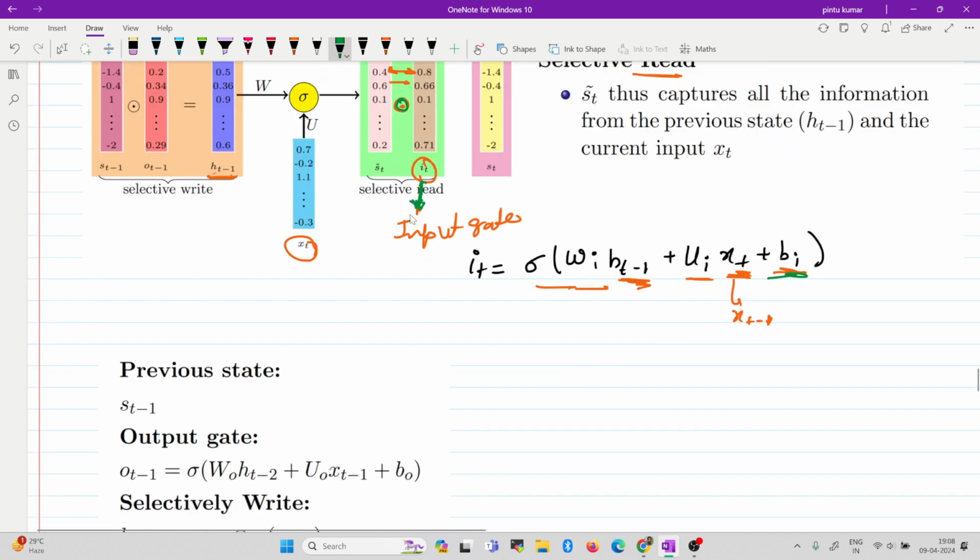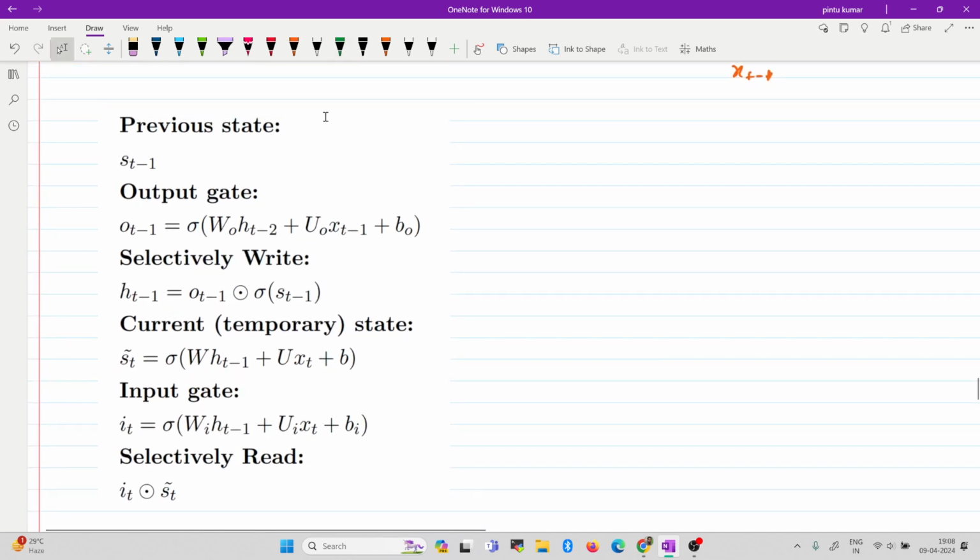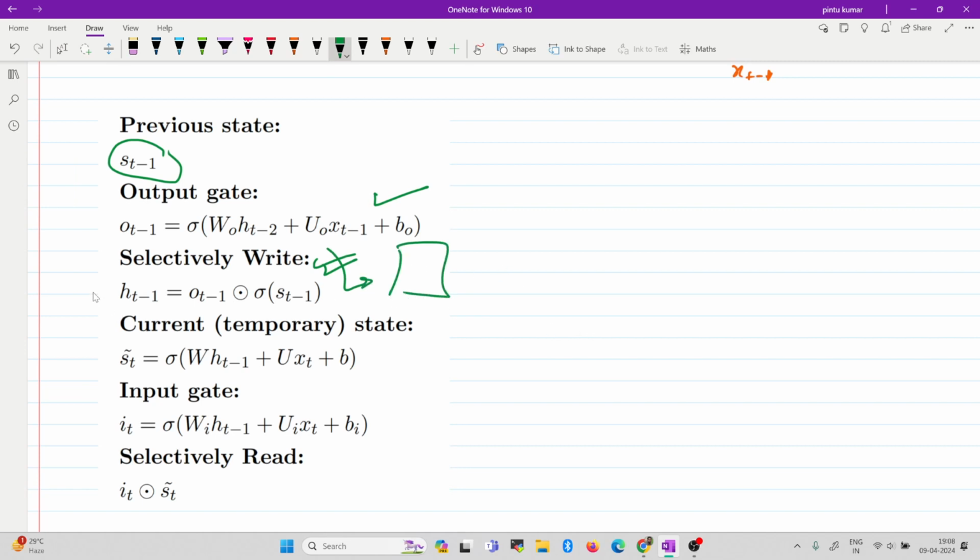So till now, we had some previous state, which was the information available to us from the previous time step. We created an output gate and did a selective write. Selective write means what information we want to write on our whiteboard. So this is the information that we wrote. Now, what does selective read do?